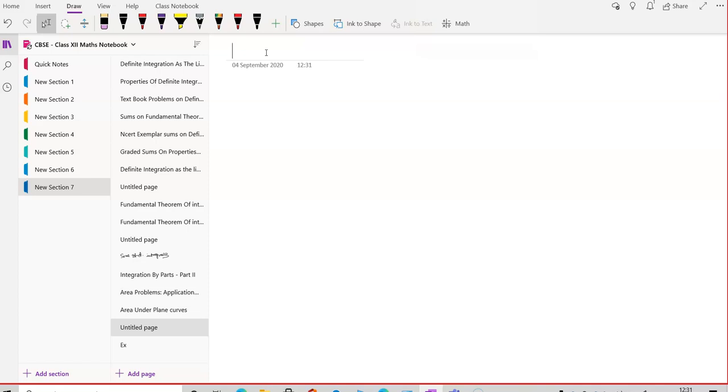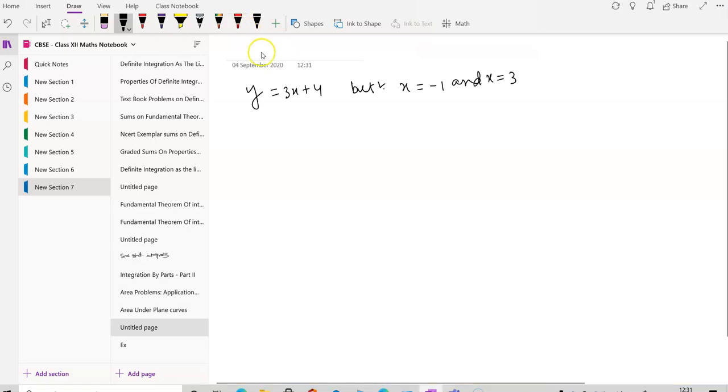Just write. Find the area bounded by the line y equal to 3x plus 4 between x equal to minus 1 and x equal to 3. Okay.